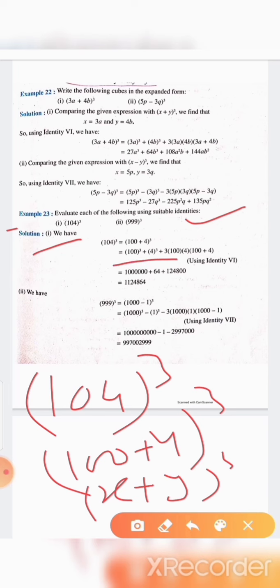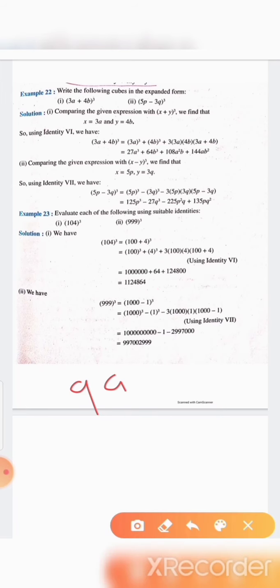Substituting all the values in the RHS of identity number 6, 100 cube plus 4 cube plus 3 into 100 into 4 into (100 plus 4). Multiplying all these terms and adding, we get the value 1124864.